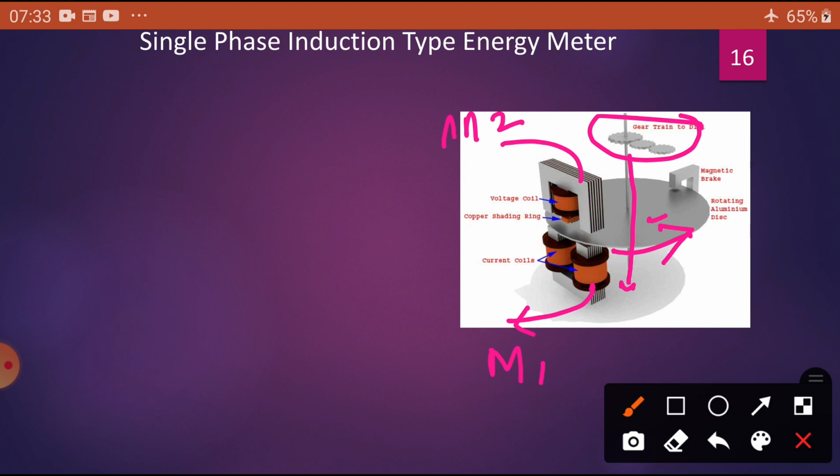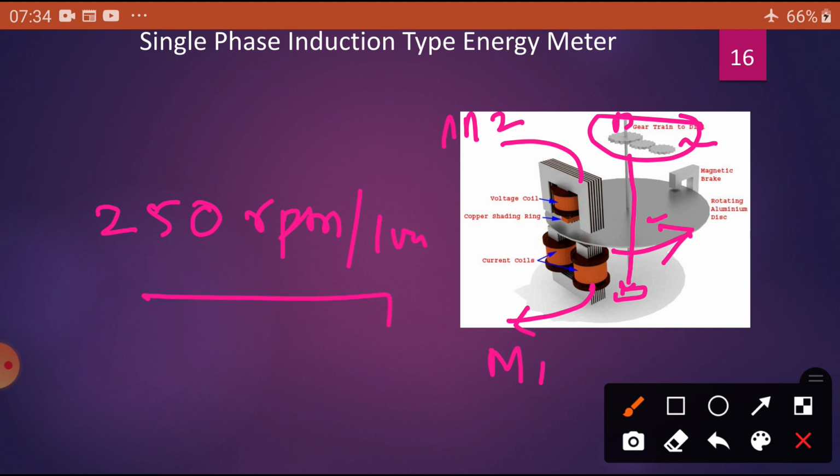Now, the moving system rotates on a steel pivot. A pivot is provided here also. The pivot is screwed to the foot of the shaft. A pinion engages the shaft with a counting or registering mechanism. You can see one pinion is engaged. It records, for example, 250 rotations, then it will move 1 digit.